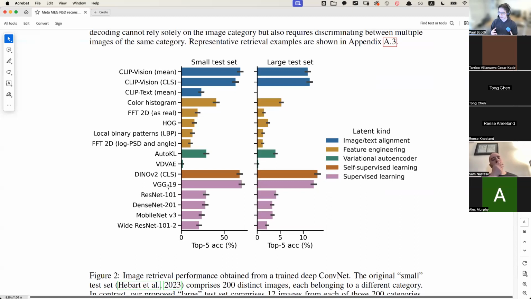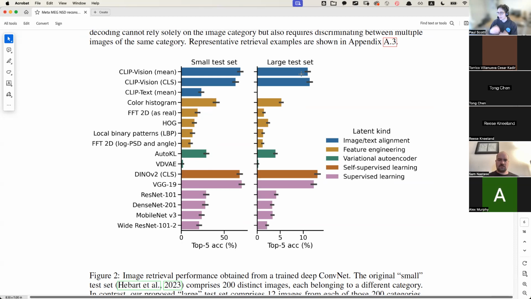For their case, retrieval uses two test sets that are defined by the THINGS dataset. Initially, they have 4 subjects. They all see 22,000 unique images, and every image is only shown once, aside from a smaller test set whose images are shown 12 times, so they're repeated 12 times.